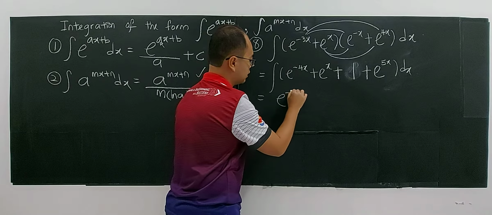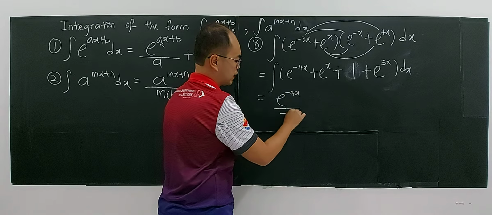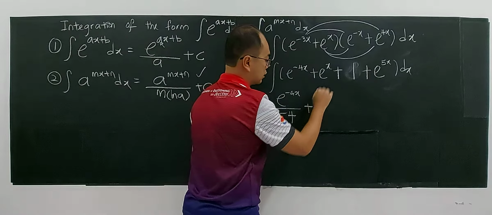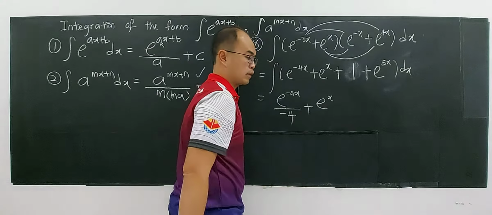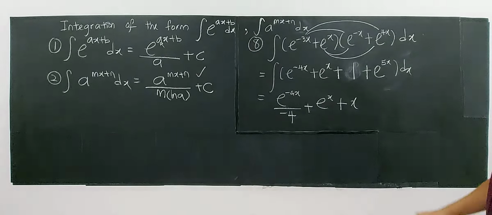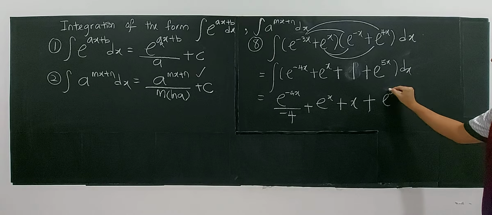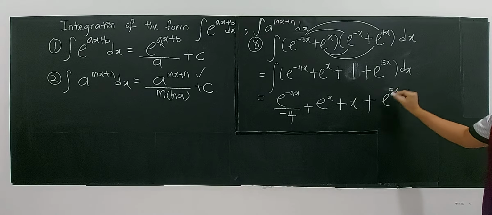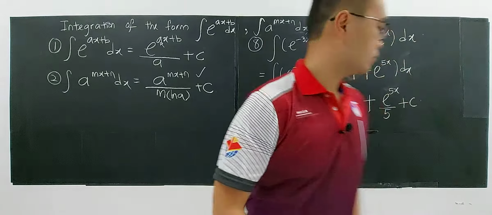Integrating e^(-4x), copy back e to the power of negative 4x divided by negative 4. Integrate e to the power of x, copy back e^x divided by 1. Integrate 1, a constant, so you get x. Integrate e^(5x): copy back, what is in front of x? 5, so divide by 5, then plus c.